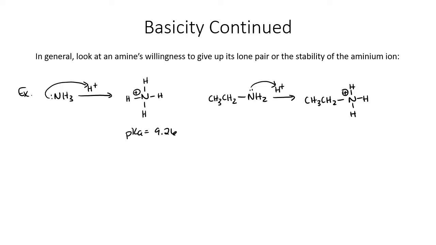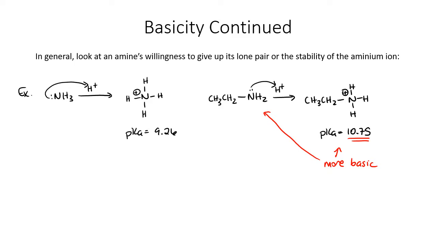Now this aminium ion has a pKa of around 10.75. So the higher pKa means that this molecule is more basic. And when we're talking about more basic, we're talking about the amine.